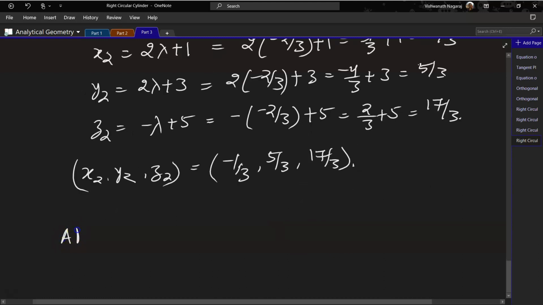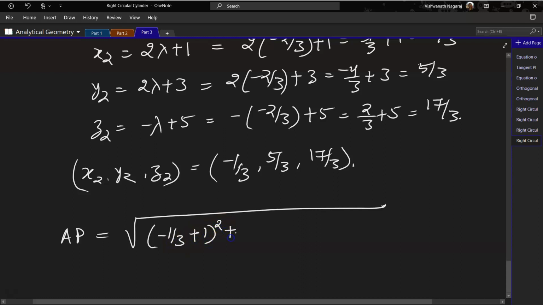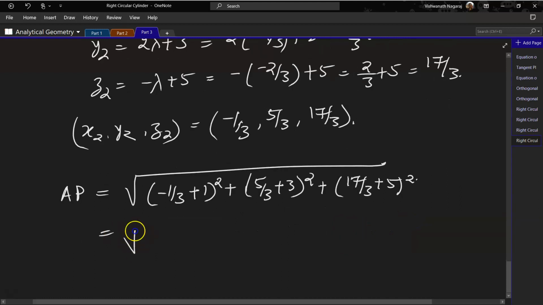So remember the AP distance would be the square root of (minus 1 by 3 minus minus 1, that is plus 1) square, plus (5 by 3 plus 3) square, plus (17 by 3 plus 5) square. And let's evaluate this.